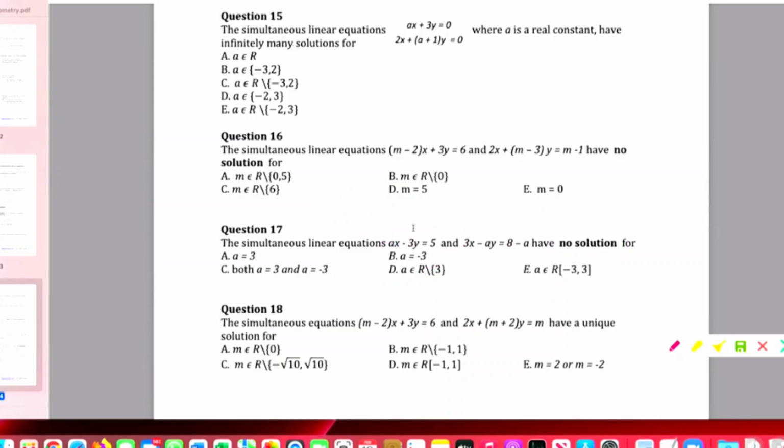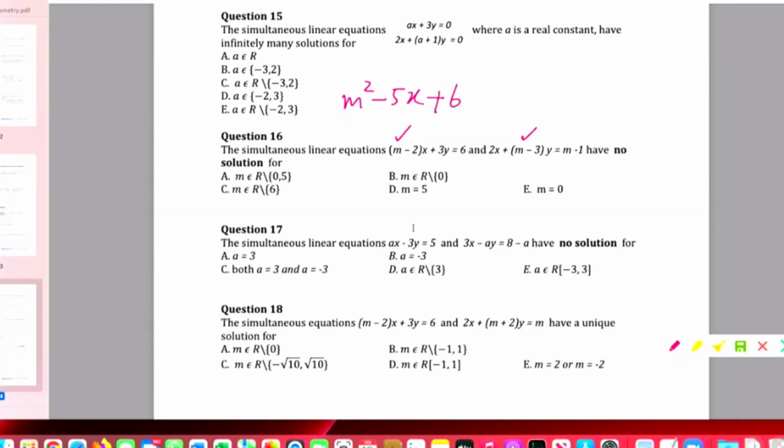Then you go to 16. So how do you do that? Okay, look at this. We'll understand this one. m minus 2 multiplied with m minus 3. Grade 8 math. So if you do that, you get m squared minus 5m plus 6.